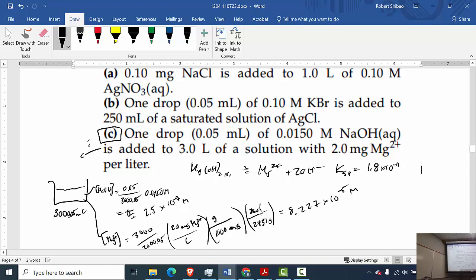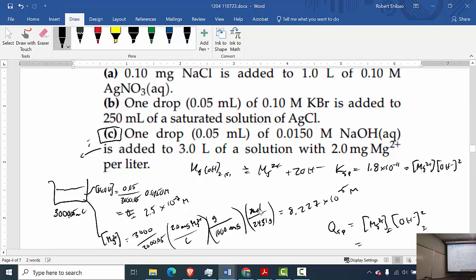That's it. Okay, so we know the Ksp is going to equal the magnesium 2+ times the hydroxide squared. And so the Qsp is just going to be the initial concentrations. So it will be the magnesium 2+ initial times the hydroxide initial squared.